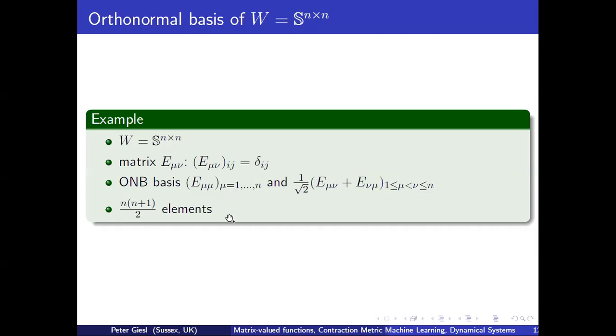First of all, we have the one where there's a 1 on one element of the diagonal. That's this one. And then we need a symmetric matrix where 1 over square root of 2 is on both off-diagonal elements. And these are n times (n plus 1) over 2 elements. And they form an orthonormal basis with the standard inner product, obviously, in the matrix space.